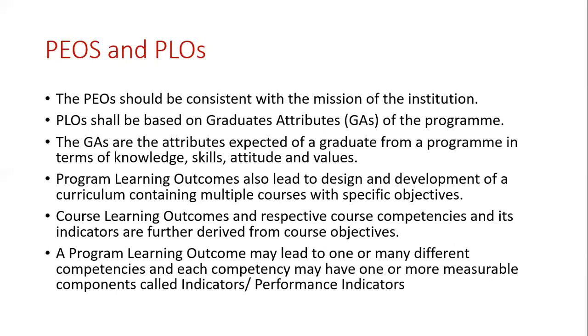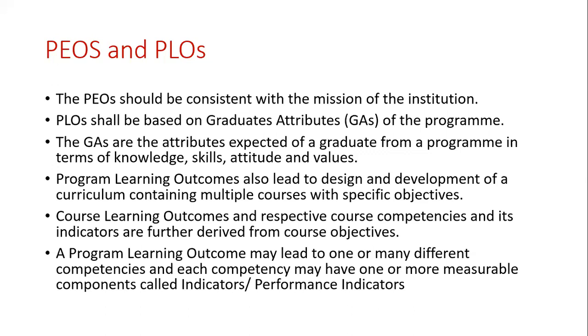PEO, that is program educational objectives, should be consistent with the mission of the institution. That is very important. PLO should be based on graduate attributes of the program. Graduate attributes are the attributes expected of a graduate from a program in terms of knowledge, skills, attitude, and values. Program learning outcomes lead to design and development of a curriculum containing multiple courses with specific objectives.